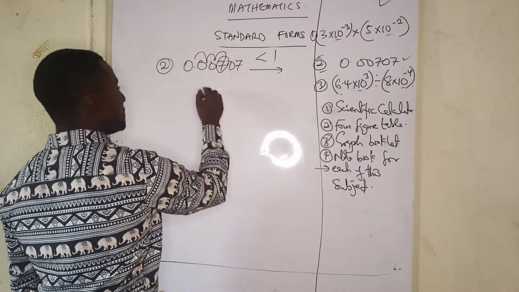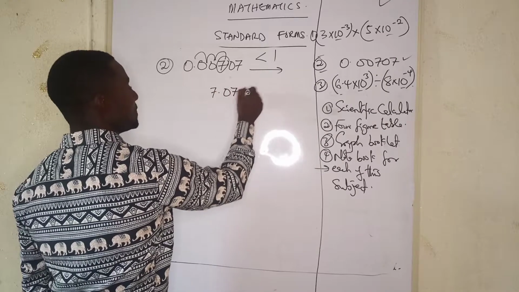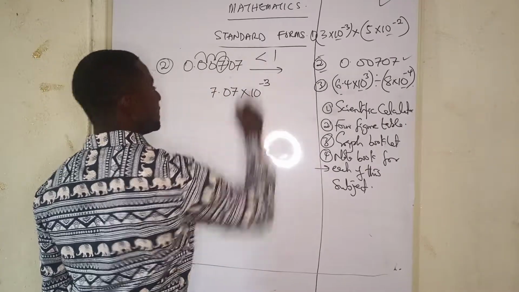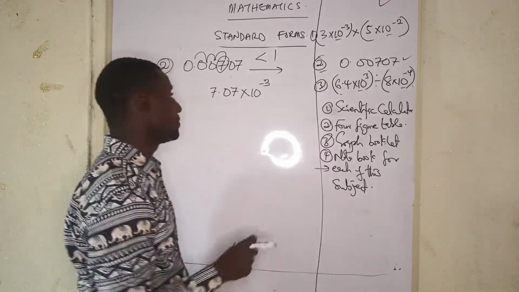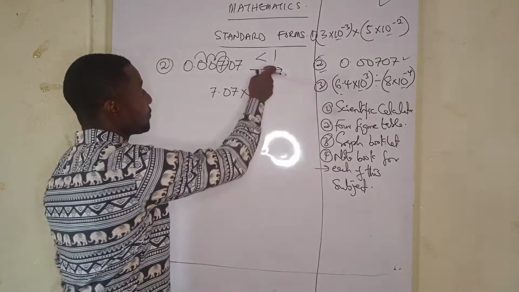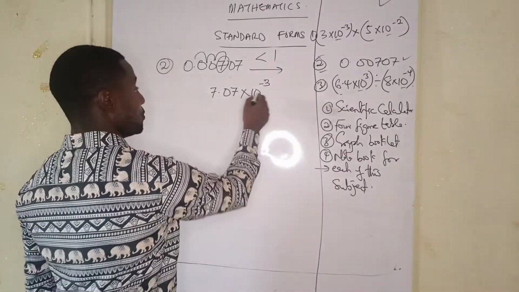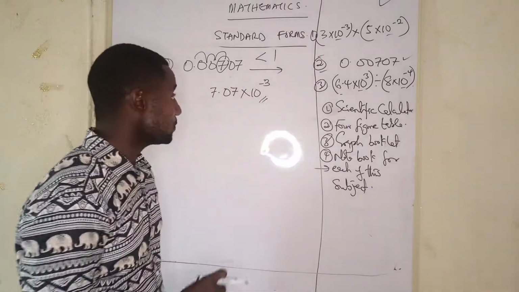If it goes 3 times, it becomes 7.07 times 10 raised to power of what? Minus 3. Because we are moving from the left to the right, it becomes minus 3. When we are moving from the right to the left, it becomes a positive 3. So this is the answer to number 2.